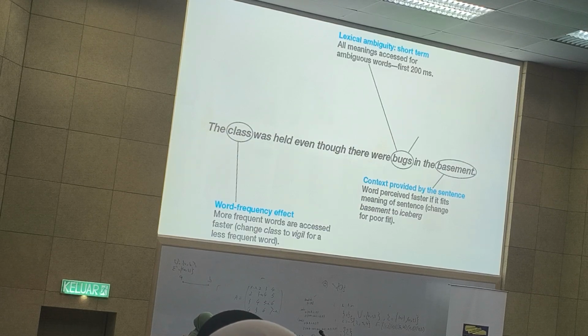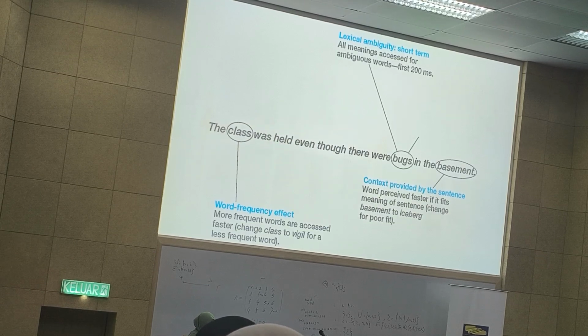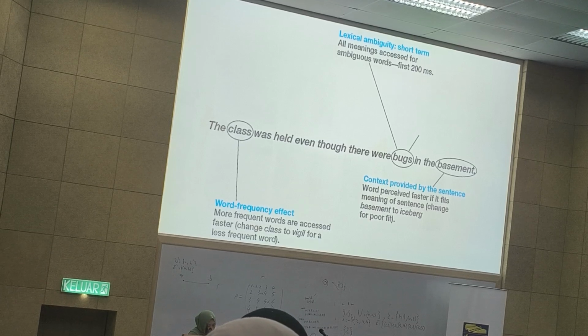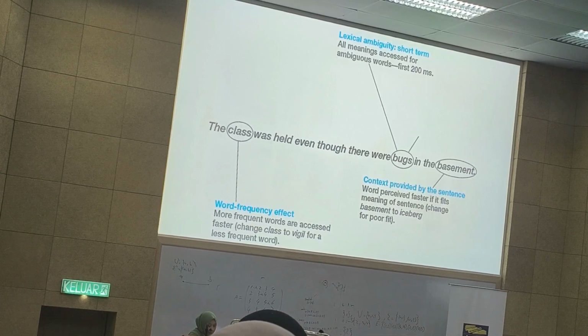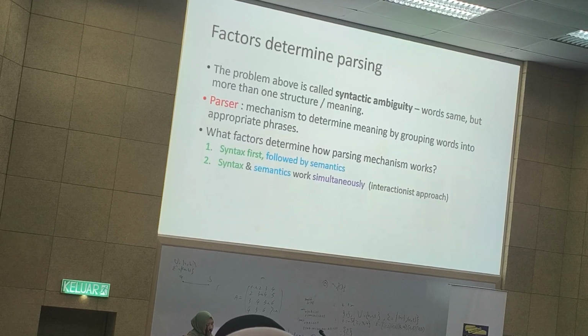We also look at how we understand a sentence. It's based on the frequency of the words, the context of the words within the sentence, and whether such a word has some kind of ambiguous meaning. All of these play a part in helping us understand the context of the sentence.